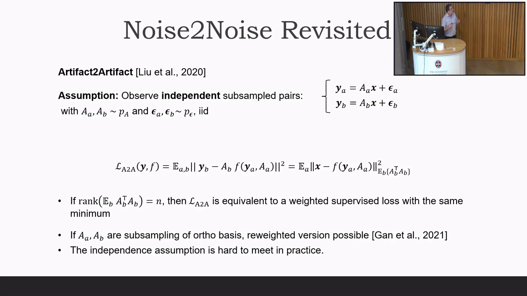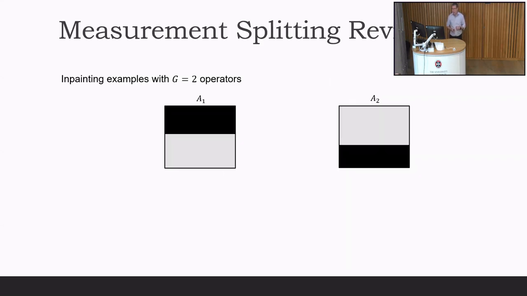Okay, so how do we do this in practice, or are there other methods, given that this independence assumption is going to be quite difficult, drawing these things, having two looks at the same image? Another approach is to revisit the measurement splitting, essentially the cross-validation method that Julián talked about.